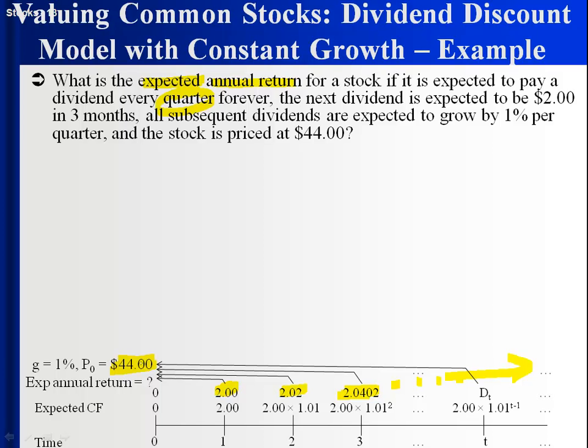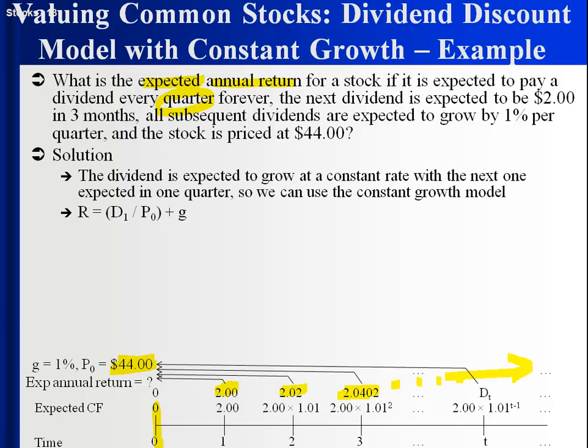So again, here we are. We know the price of the stock is equal to 2, which is the next dividend, over R minus G, because after the 2, all the dividends grow at a constant rate. Do a little bit of algebra, and you get an expression that R is equal to the next dividend over the current price, plus the growth rate. Well, D1 is given as $2. The price is given as $44.